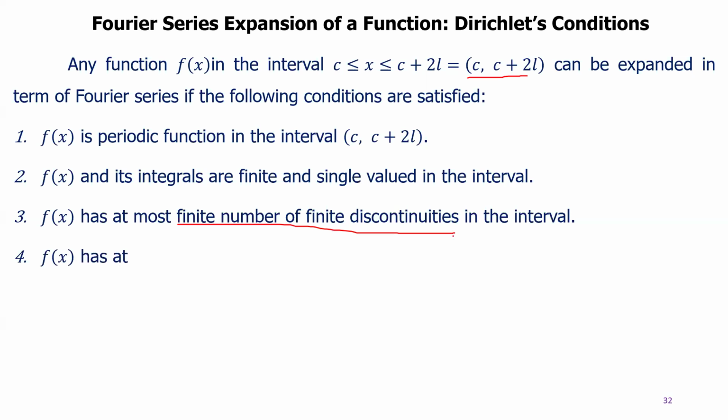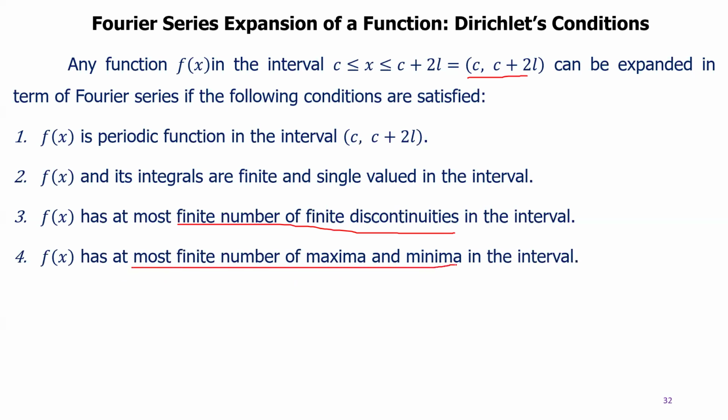And the fourth condition is f(x) has at most a finite number of maxima and minima in the given interval. If any function f(x) satisfies all these four conditions in the given interval c to c + 2l, then we say that the function can be expanded in terms of a Fourier series.